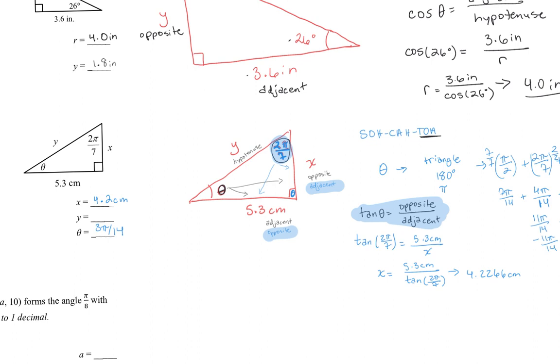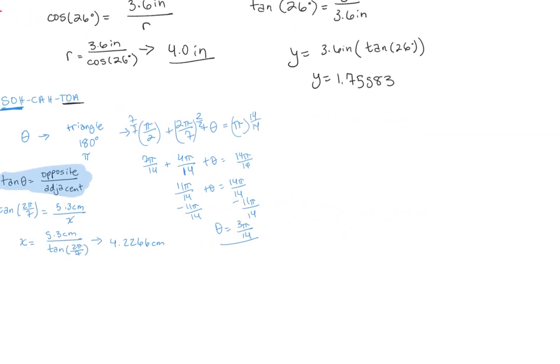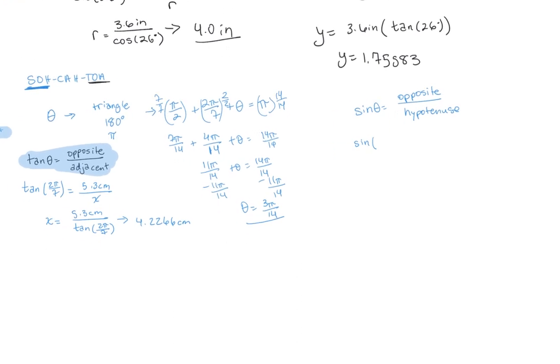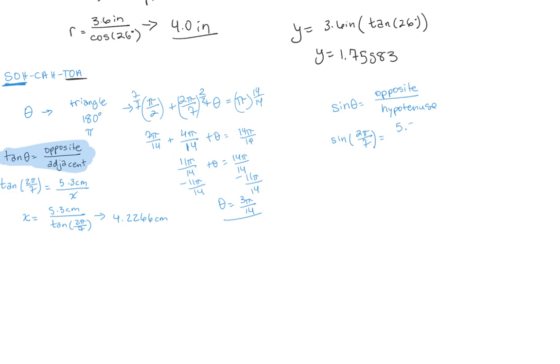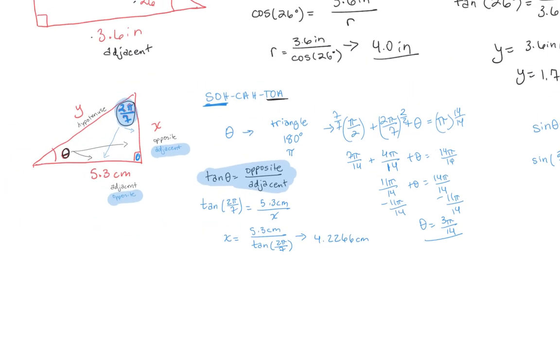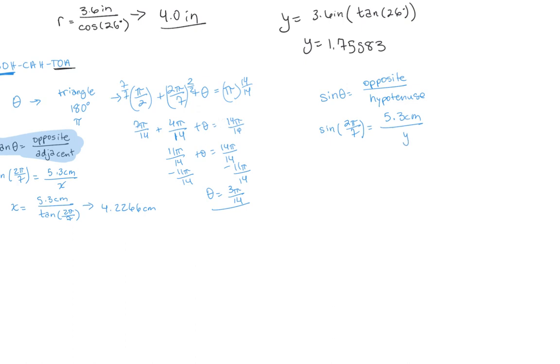Alrighty, now y, we would do the same thing. It is our hypotenuse, and we're given the opposite side, so we can use sine. And I'll go ahead and do it on this side. Sine of theta is equal to opposite over our hypotenuse. And we know our theta was that 2 pi over 7, is equal to our opposite side, which is our 5.3 centimeters, over our hypotenuse, which is y.